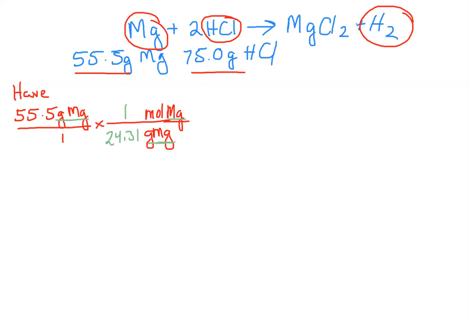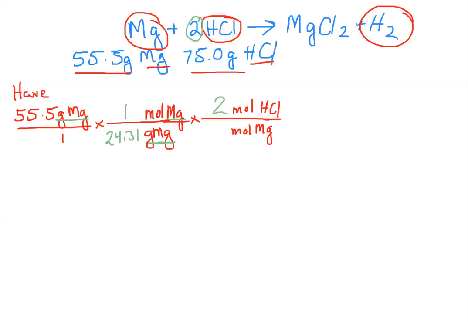All right, then we put moles of magnesium on the bottom and moles of HCl on top, because that's what we're comparing. We're comparing magnesium and hydrochloric acid.